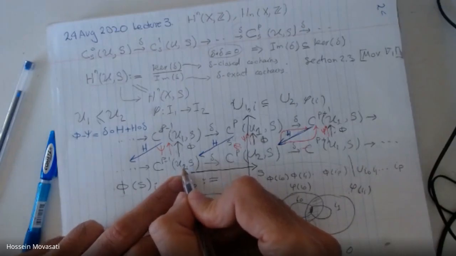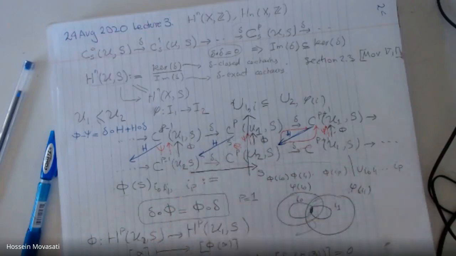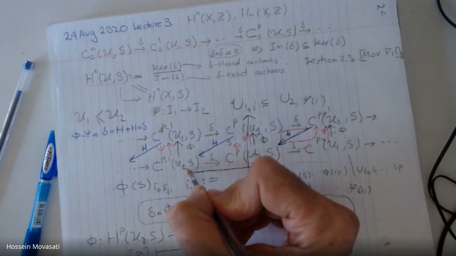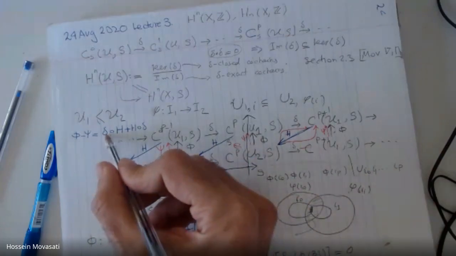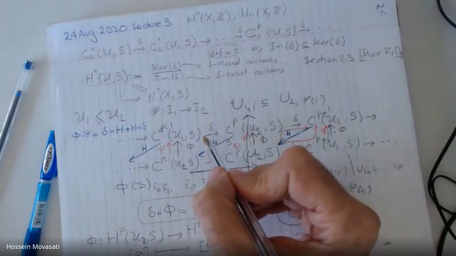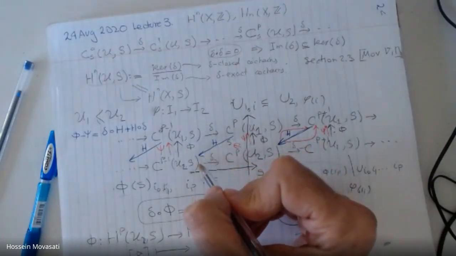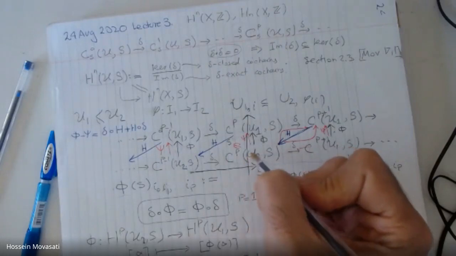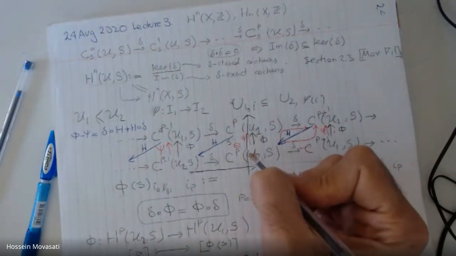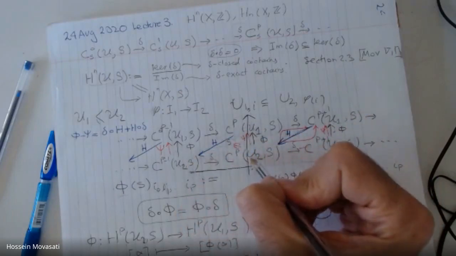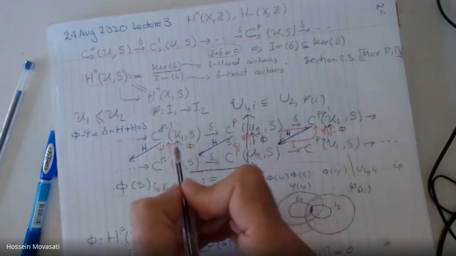No, sorry, I made a mistake. First, delta H and H delta. So let's analyze. For delta, and then I have to make H. Let's say H delta. Oh, sorry.